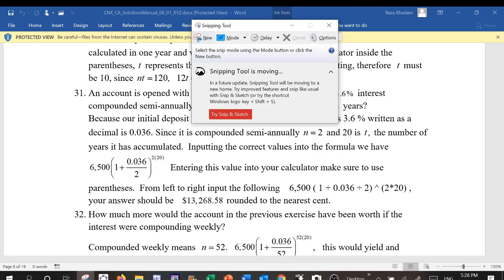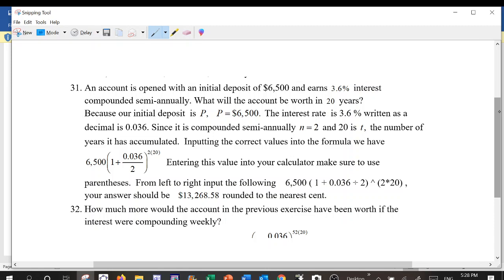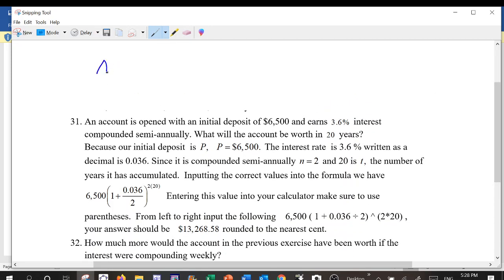Okay, so before we answer this question, we have to have a formula for this, right? So we know the formula is A equals P times (1 plus r over n) to the nt. Now it says the initial amount is 6,500, so that means we start with 6,500, and 1 plus, this is not 1, that's r, sorry about that. That's r over n, not 1. Okay, so 6,500 and earns 3.6% interest compounded semi-annually.